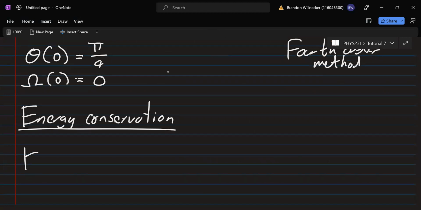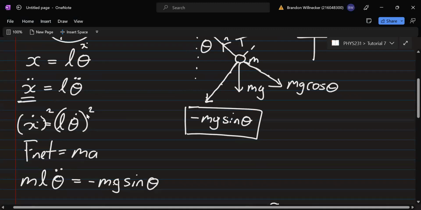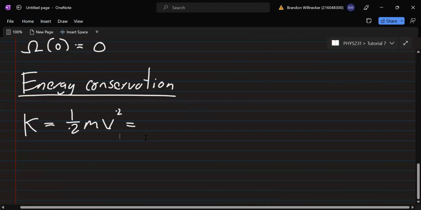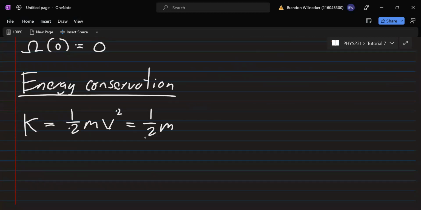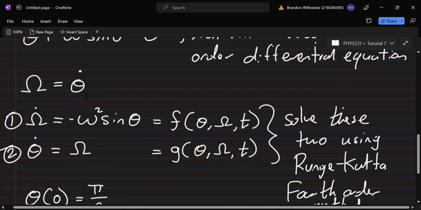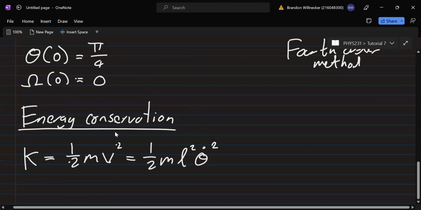Okay, so the kinetic energy, K, is going to be half m v squared, or as we put it here, x dot squared. So it will be L squared theta dot squared. So it will be half m L squared theta dot squared. But we don't know theta dot. Remember here we said theta dot was capital omega, so we can put that in.